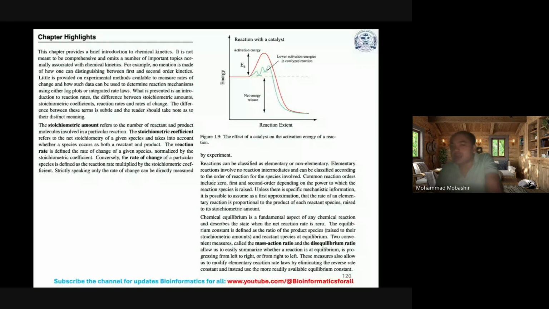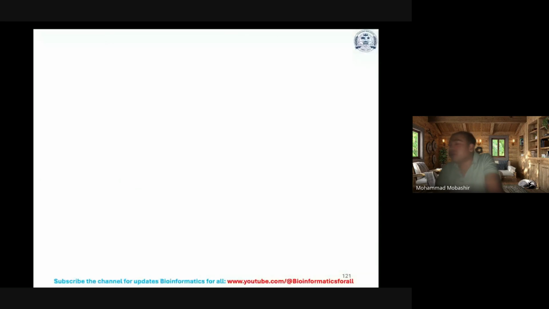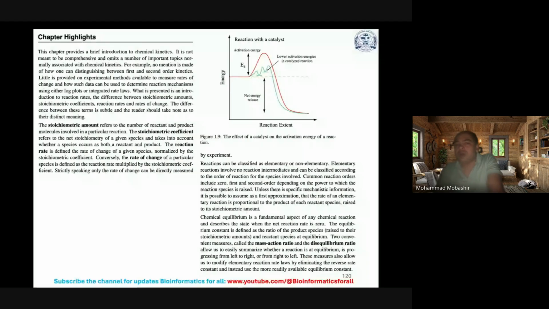These are the terms which you need to understand. What is equilibrium, what are, for example, stoichiometric coefficients, all these basic things you need to understand. So what I will be doing now is going into more detail about it.